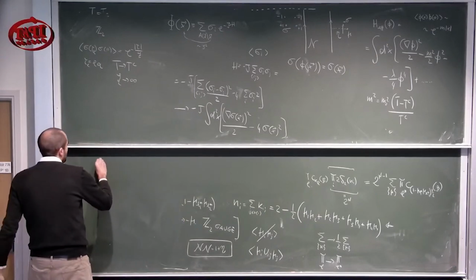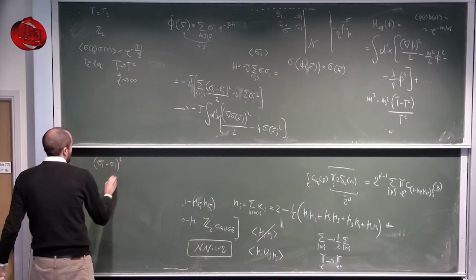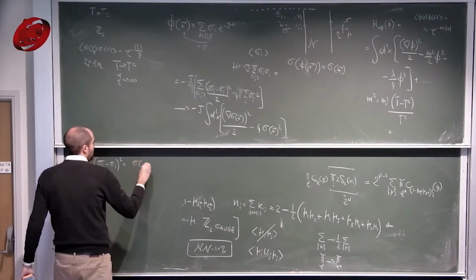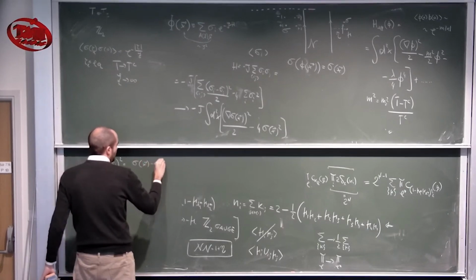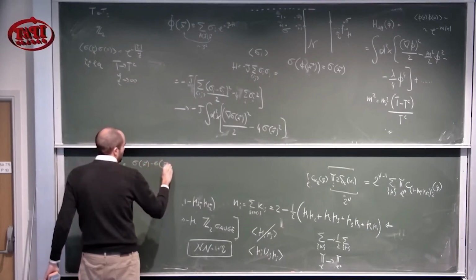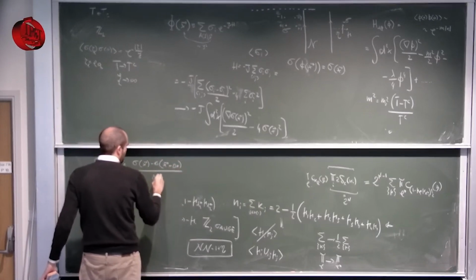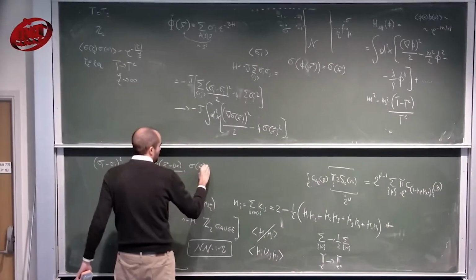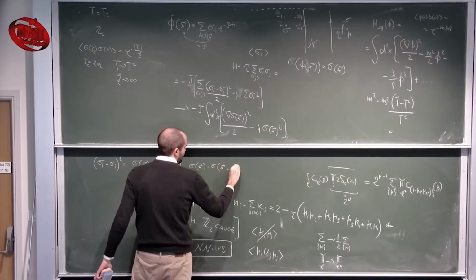So I have sigma i, sigma j squared, and I'm writing this as sigma of x minus sigma of x plus delta x over delta x times sigma of x minus sigma of x plus delta y.